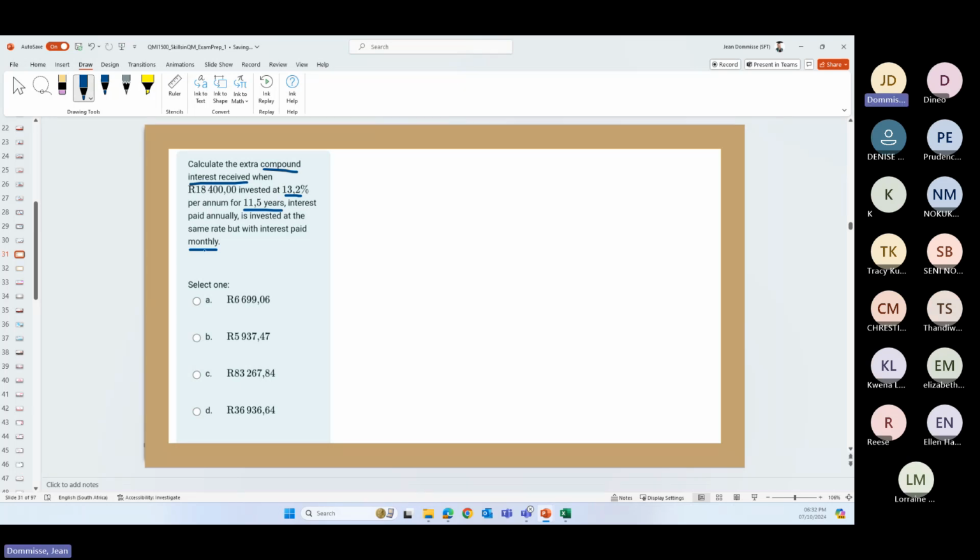Okay, so what they want you to do is to say, so we're going to do basically two calcs, and then we need to subtract the two from one another. So the first is you invest, so I assume that's a present value. You invest 18,400. So in both investments, you will do that.